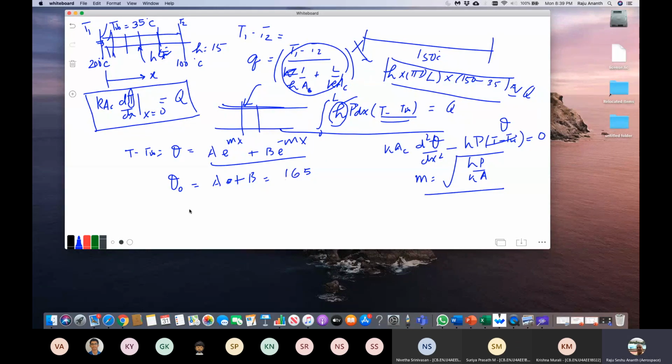Now, theta at the end, x equal to L, is A e to the mL plus B e to the minus mL, which is 65. So using these simultaneous equations, you can solve for A and B. I don't know how much I got. So the answer is, a lot of people have guessed it, like 68 watts or something like that.